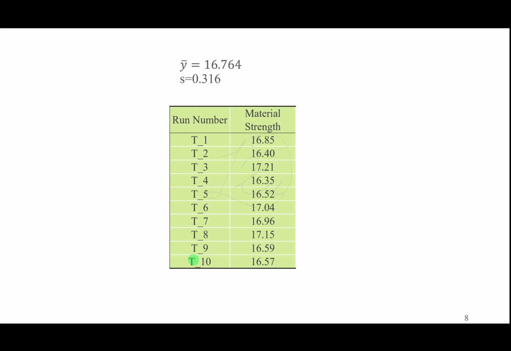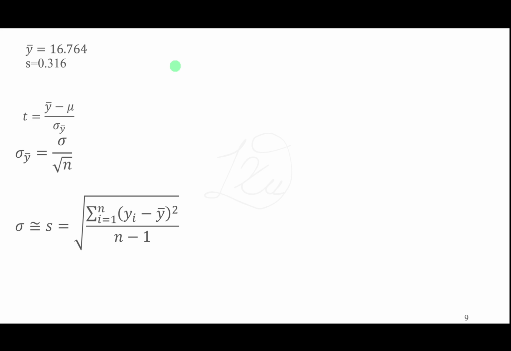The next step is to calculate the t-value. We will need the calculated sample average and sample standard deviation we have done before. So t equals y bar, that's 16.764, minus 17.04, divided by the standard deviation of the sample average, sigma y bar. It can be calculated using the population standard deviation sigma divided by the square root of the sample size.